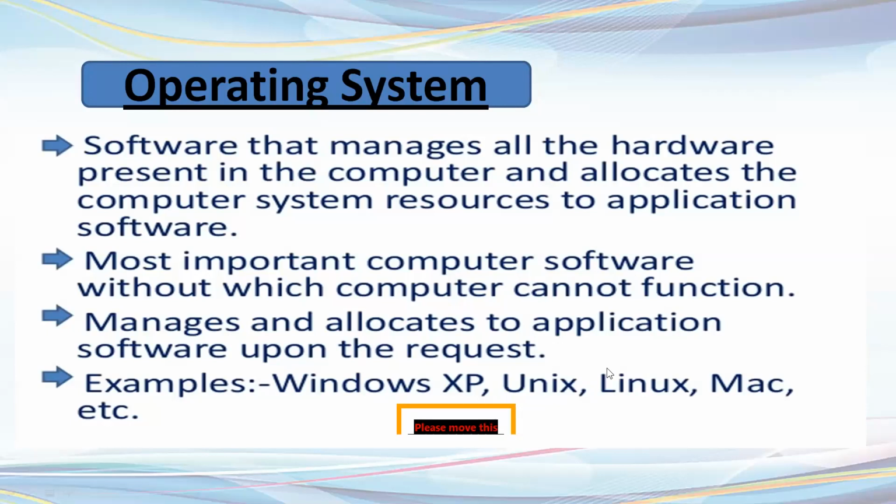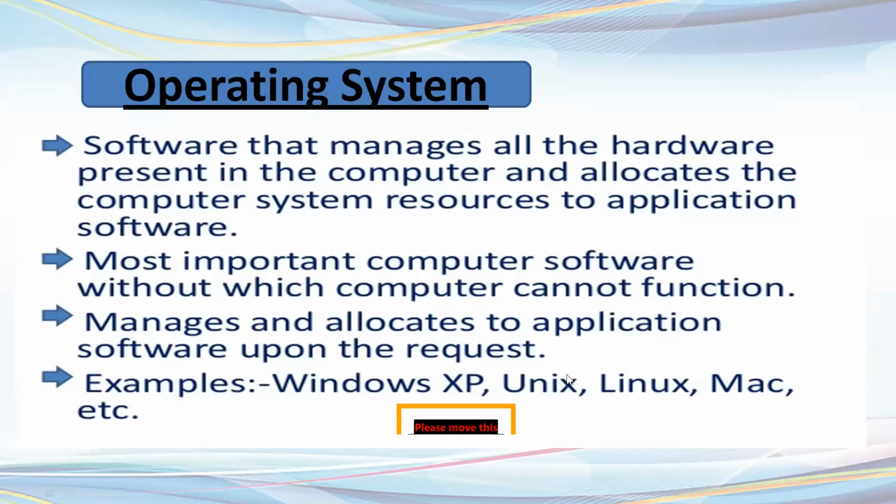Suppose you are going to play something, a request is sent to the operating system to make speakers available to you. Is that clear what operating system is? Operating system is a system software which allocates the computer's resources to a particular user.